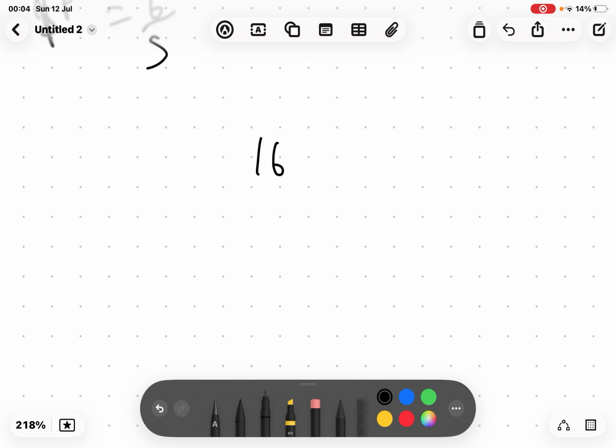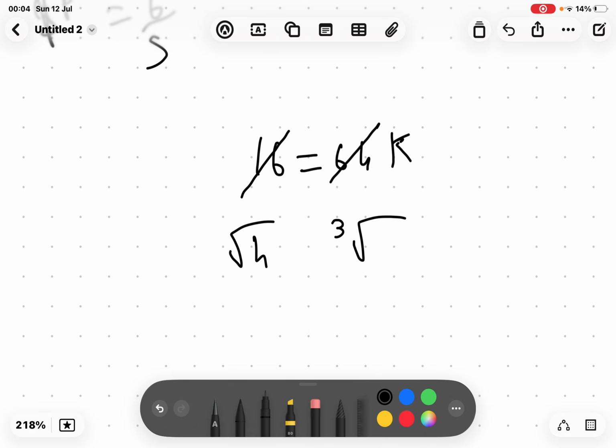And now 16 equals 64k. We have to find k. This one was also hard. I'll just have the laptop on just in case. So this is equal to square root 4. This is equal to cube root 4. Okay.